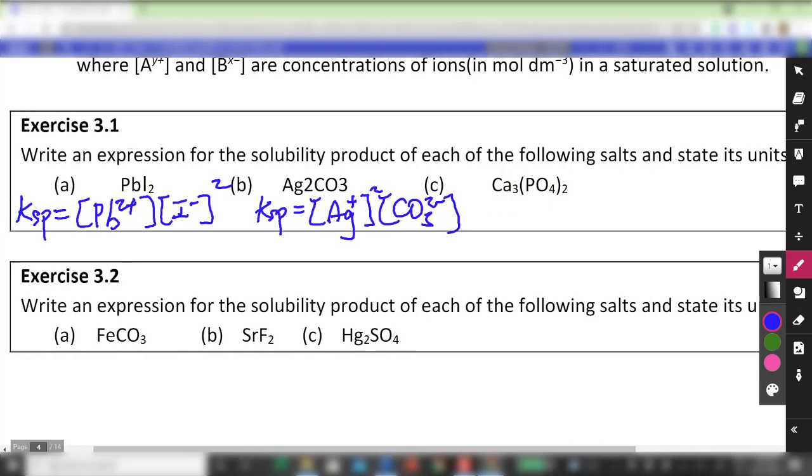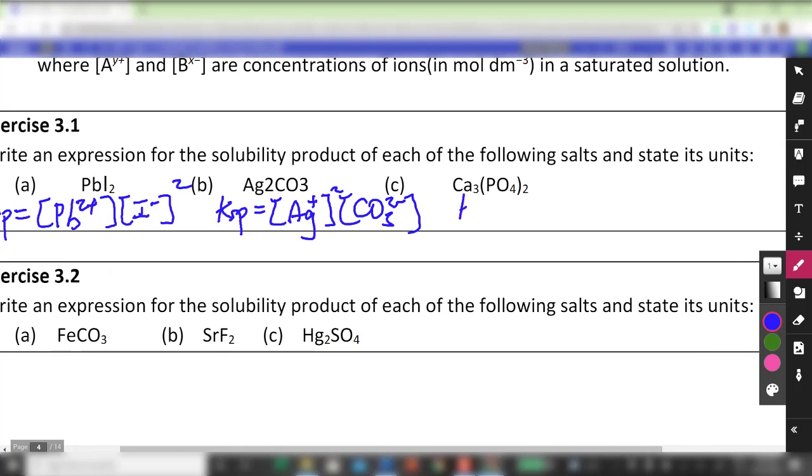And then for calcium phosphate, we're going to do the same thing, Ksp. That will be the concentration of calcium 2 plus raised to the power of 3, because one equivalent of calcium phosphate gives you 3 equivalents of calcium 2 plus and 2 equivalents of phosphate anions.